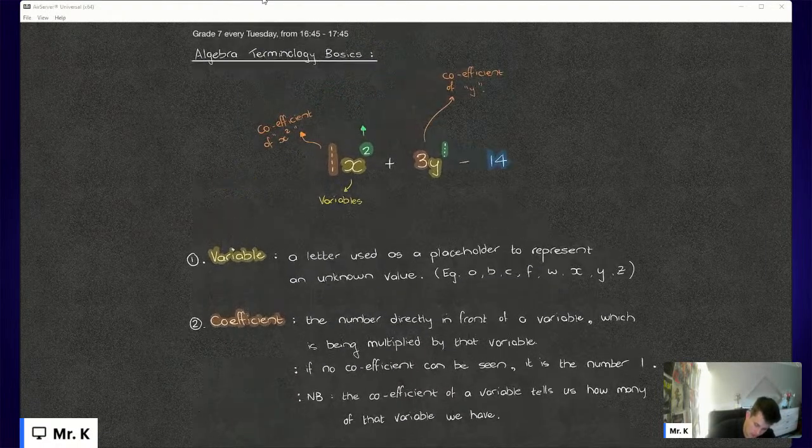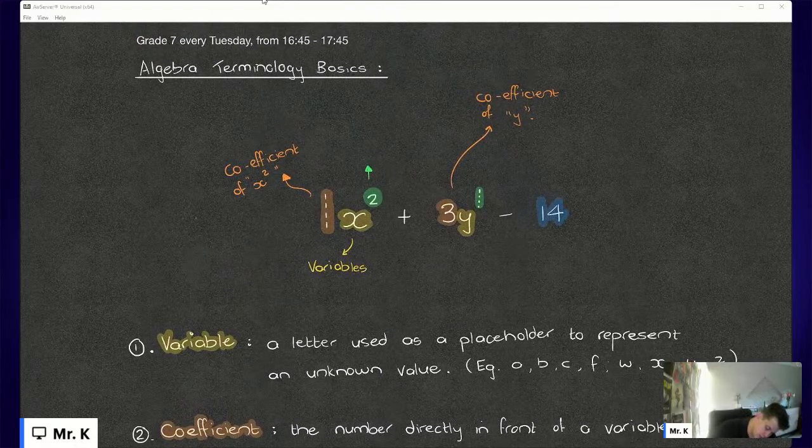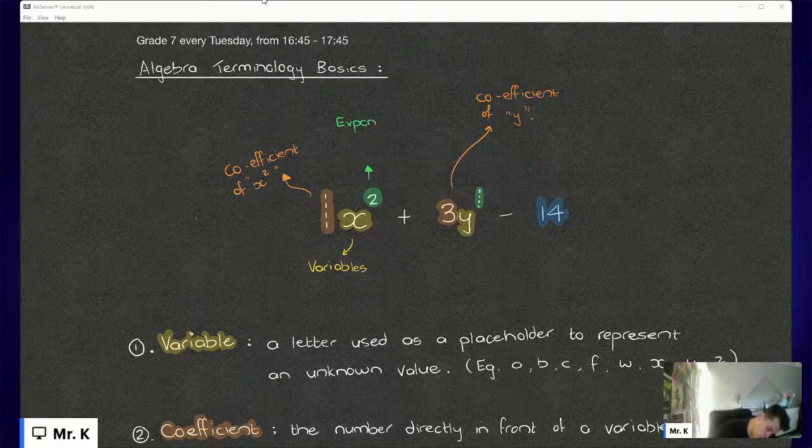Right, so this 2 that we have over here is the exponent, but we have more than one exponent, grade 7, so we need to be specific. It's the exponent of x. And the 1 that we see over here is the exponent of y.